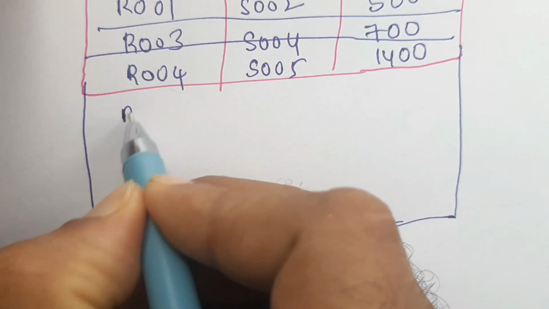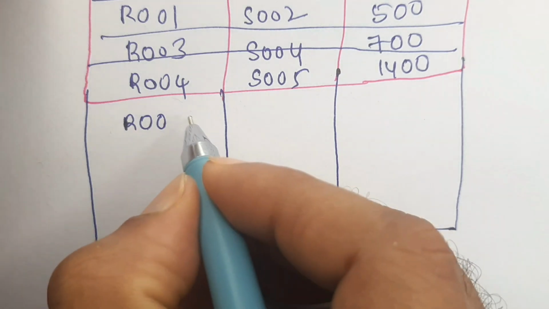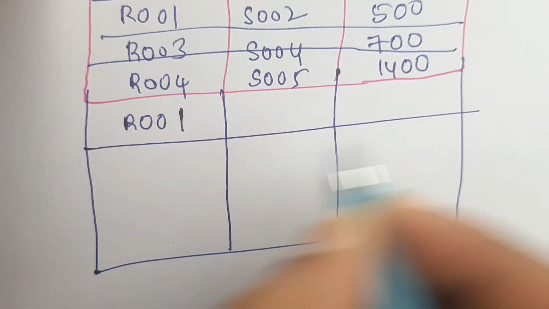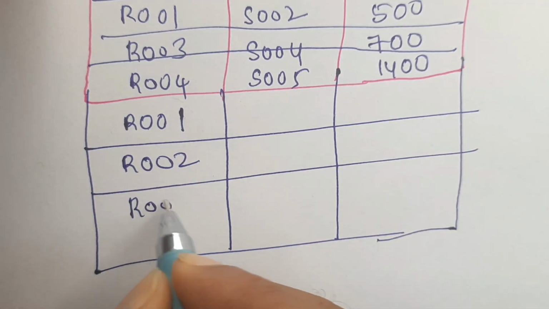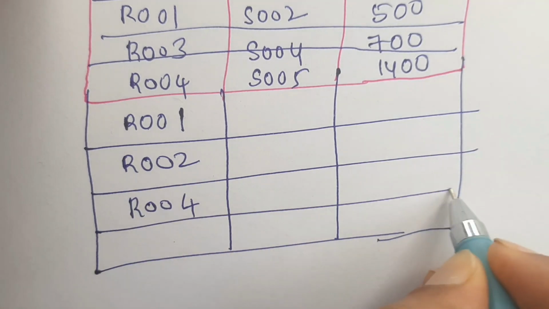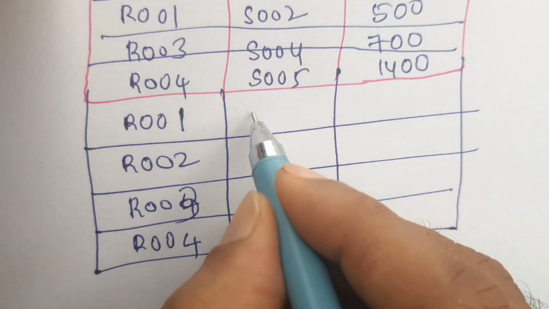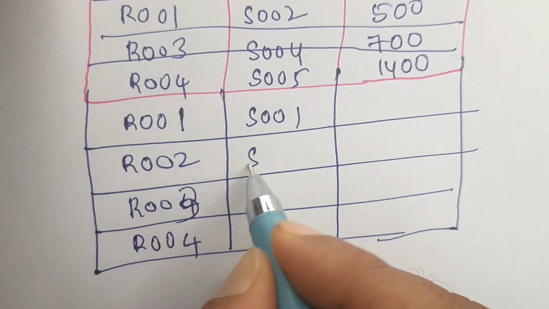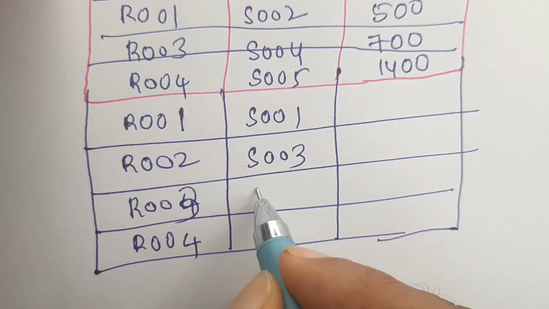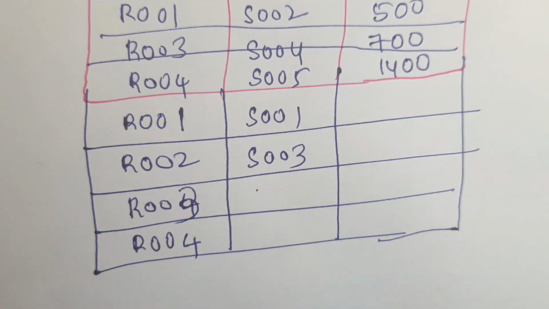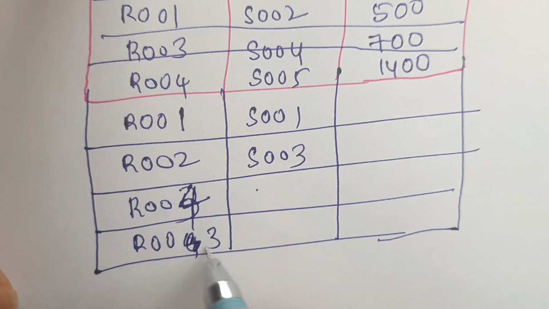When I merge, I am going to get again R001, R002, R004, R004. So S001, S003.